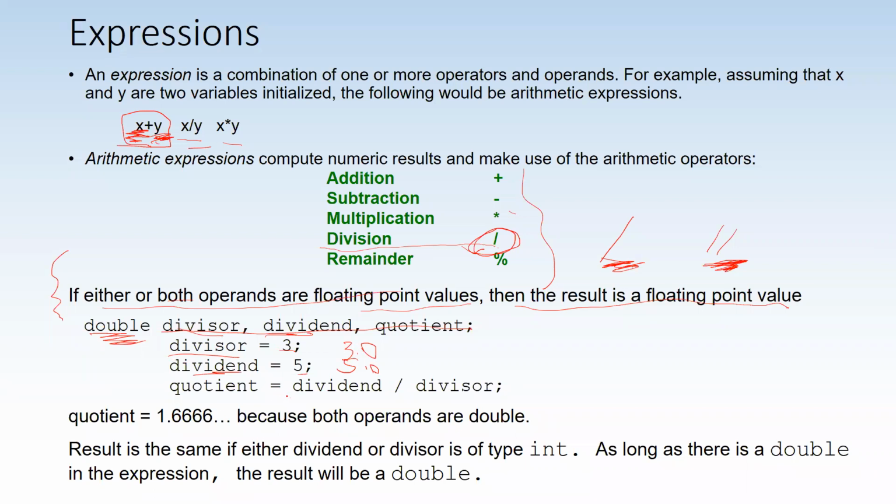And so quotient is dividend divided by divisor. It will give you this value because both of them are floating point values. But when we say floating point, we mean double or float, real numbers. So that's that, you understand that?